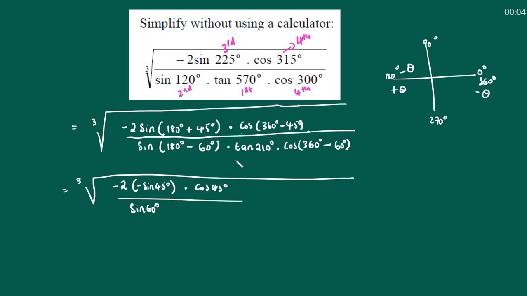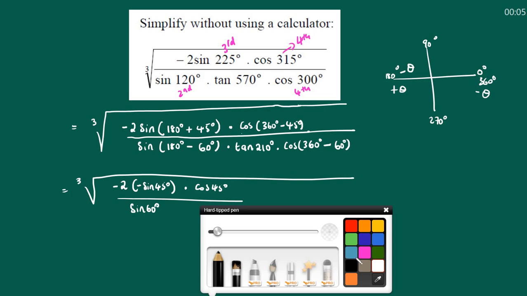And then tan 210, remember 210 is bigger than 90. It's also bigger than 180, but it's smaller than 270, so it means that it's between 180 and 270, which is the third quadrant. So in terms of this one here, we shouldn't write it because we had not reduced it yet. We only write the quadrant for that one once we have reduced.